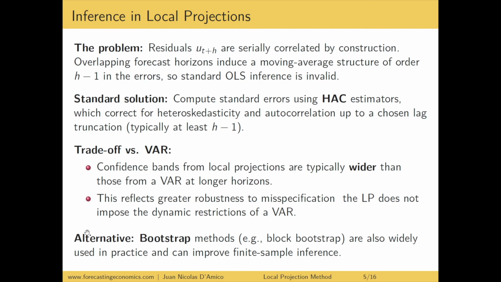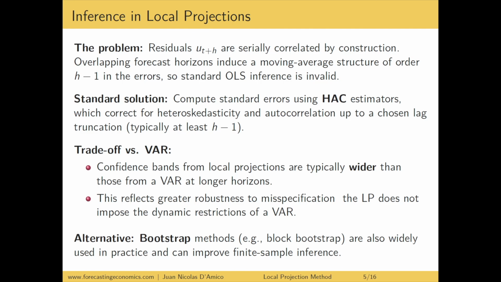There's an alternative to using the HAC estimators, that is using bootstrap methods, for example, block bootstrap, which is widely used in practice and can improve finite sample inference. So the HAC estimator that we're going to be using for local projection is going to be the Newey-West.